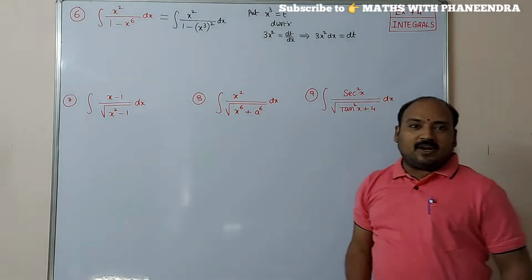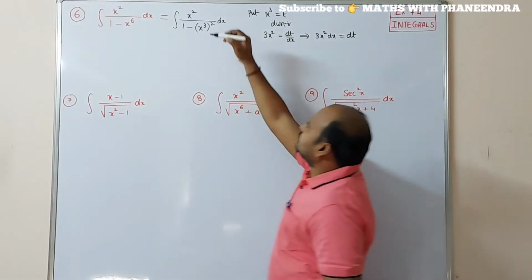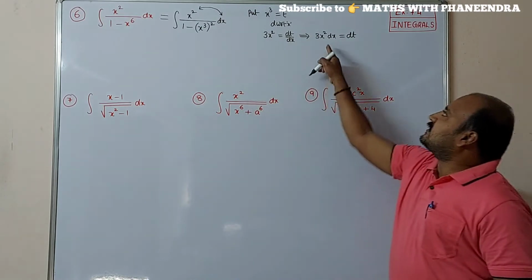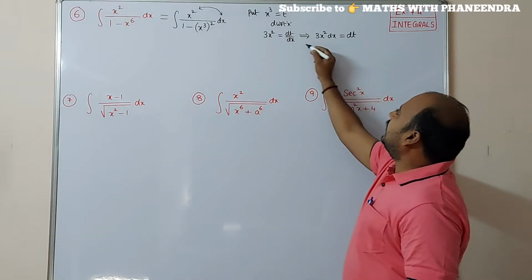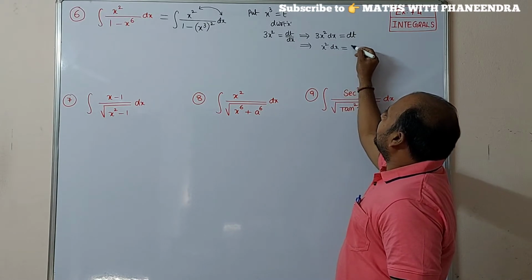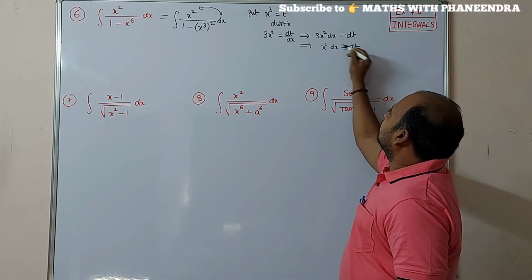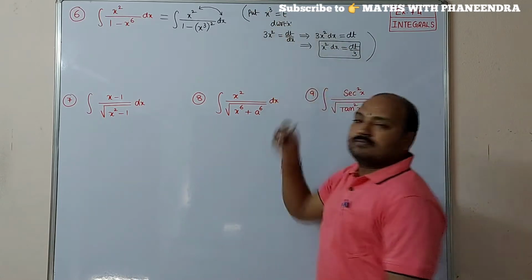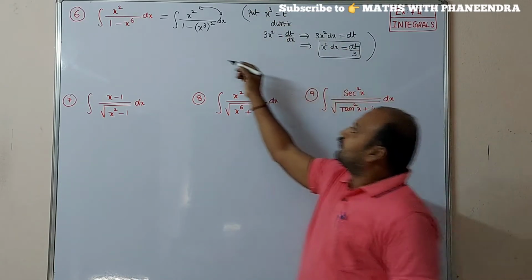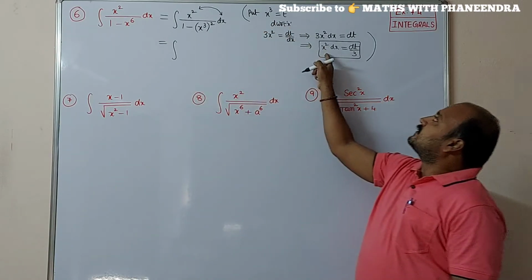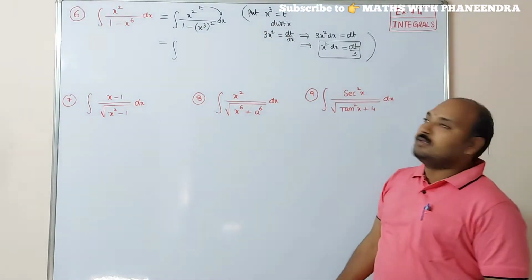But in the numerator I want only x square dx. So the 3 we can take here: x square dx is equal to dt by 3. So integral x square dx equal to dt by 3.